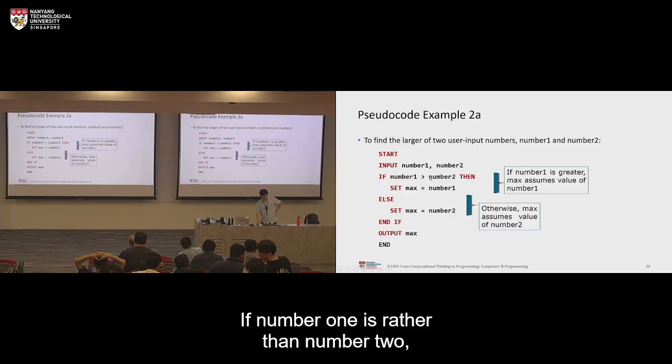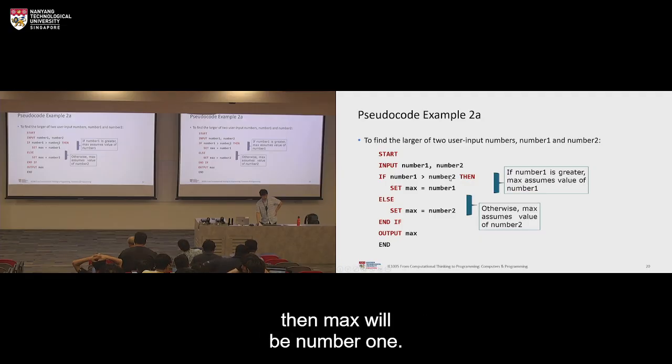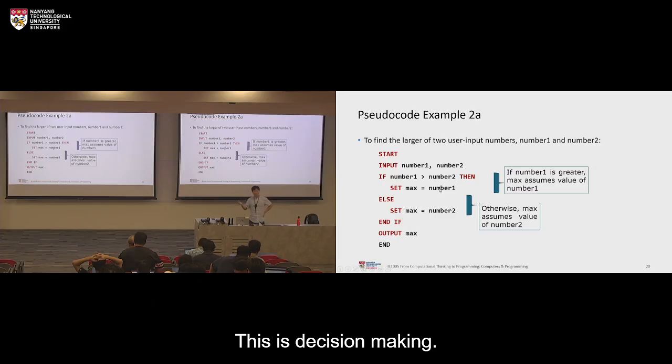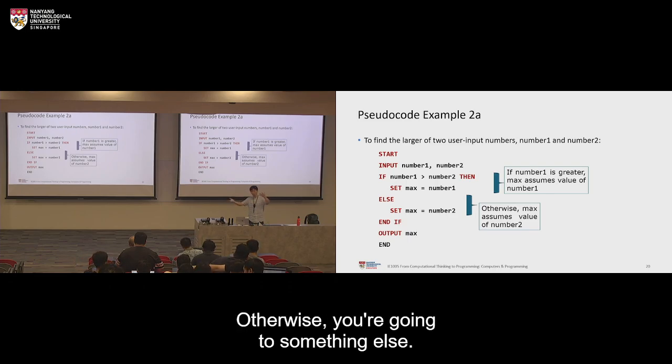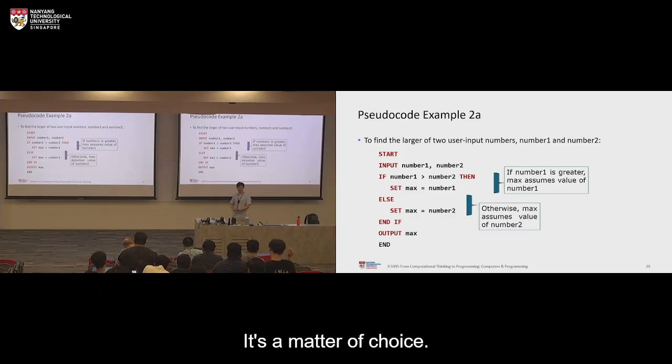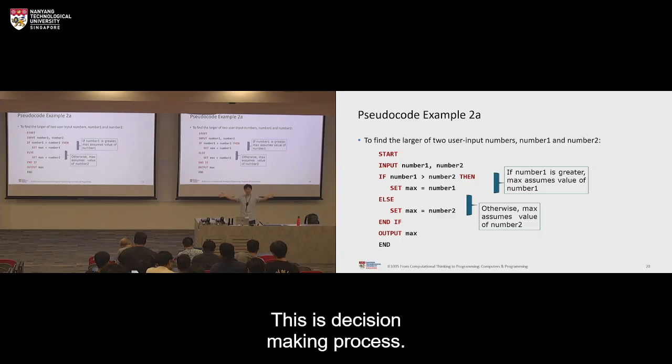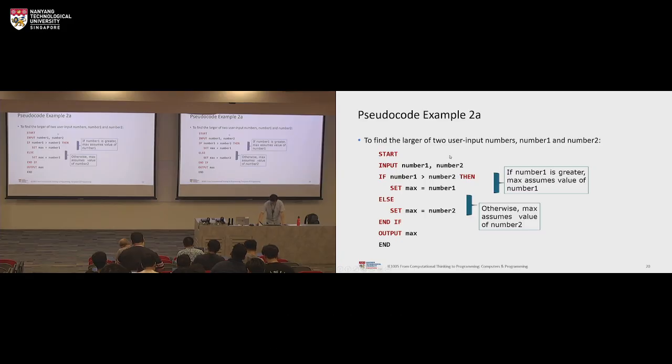If number 1 is larger than number 2, then max will be number 1. So this is decision making. If condition A, then you're going to do something. Otherwise, you're going to do something else. It's a matter of choice. So this is a kind of decision-making process.